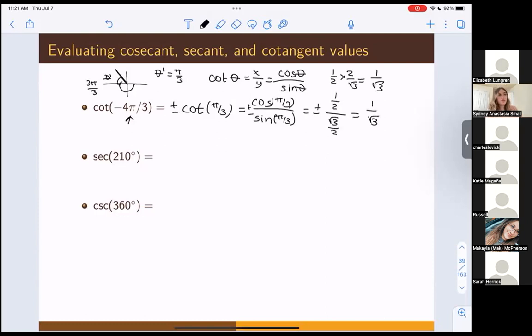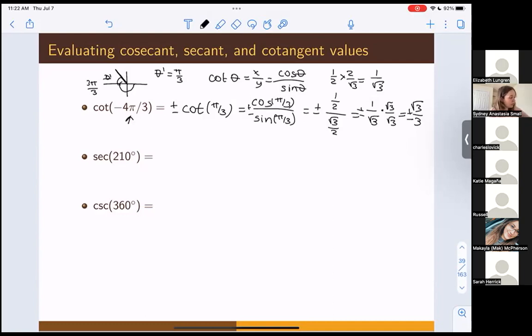which again is technically correct. However, radicals, square roots in the denominator, can't do that, not allowed. So I'm going to multiply by the fancy 1 of √3 over √3 to get us to our final answer of square root 3 over 3, plus or minus. Okay, now we just have to think about which of those two signs it is. Is the cotangent positive or is the cotangent negative?